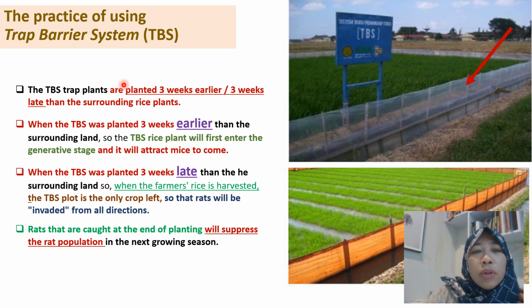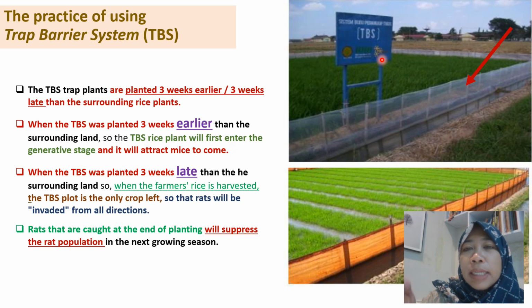I already told that TBS is planted 3 weeks earlier or 3 weeks later than the surrounding rice plant. When TBS is planted 3 weeks earlier than the surrounding, the TBS rice plant will enter the generative stage and it will attract mice.